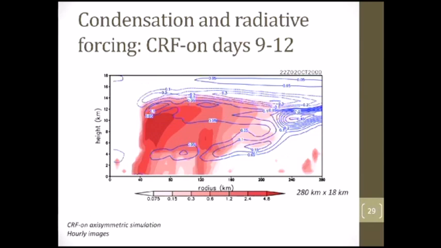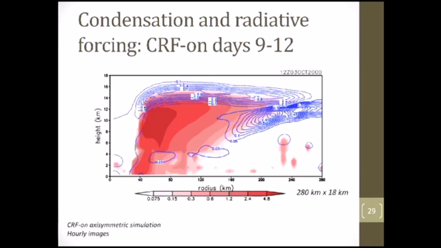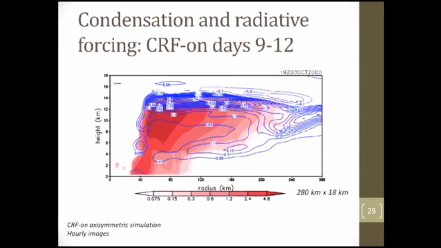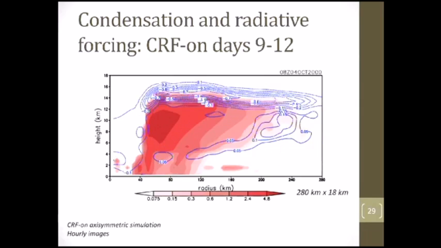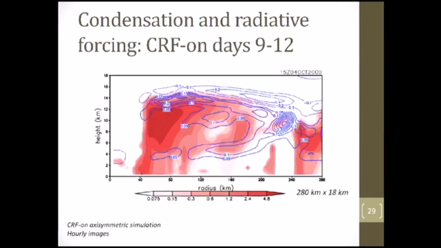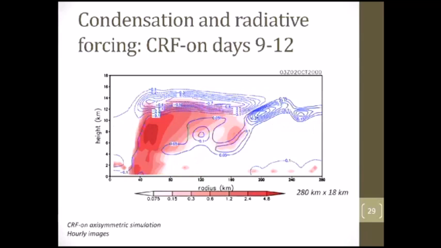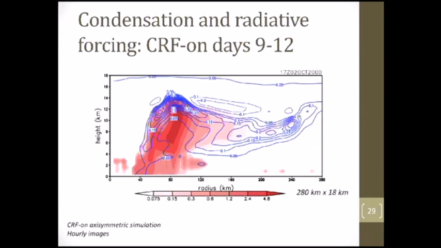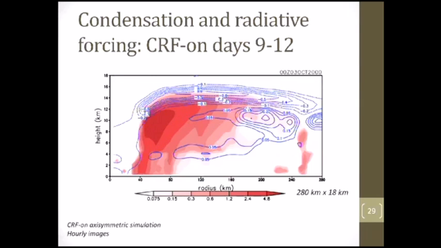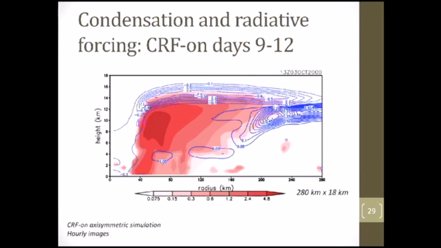So what you're immediately perceiving, I hope, is that there is a lot of variability between hours and amongst hours for the simulation. The storm doesn't look the same from hour to hour. It's growing larger, it's growing smaller. The cloud-radiative forcing field is responding to where the clouds are at a particular time because it's related to the hydrometeor relationship with radiation.